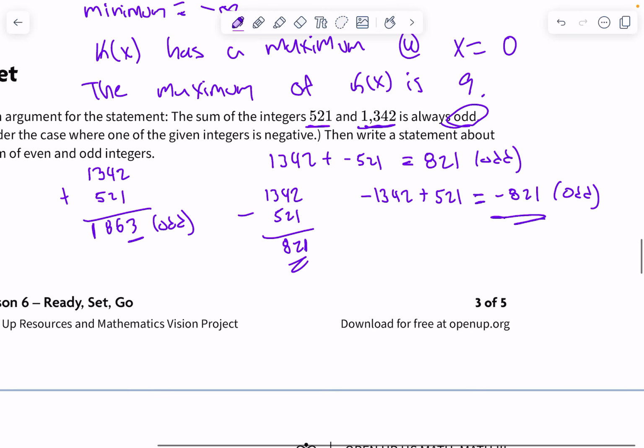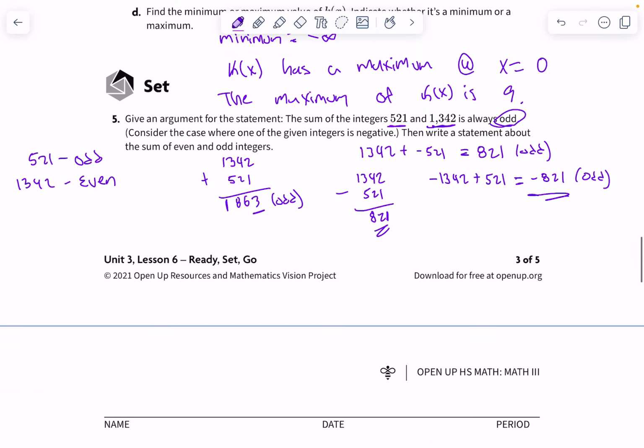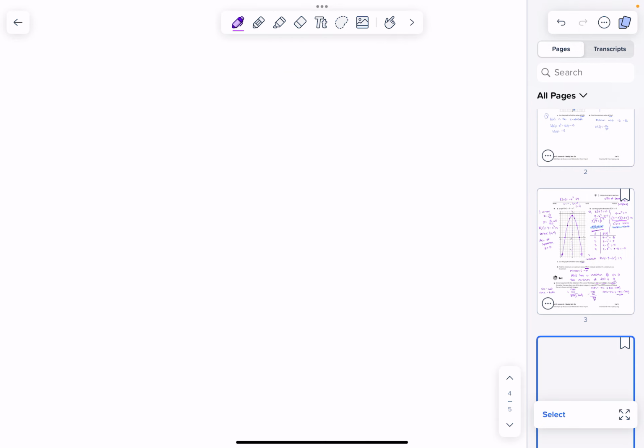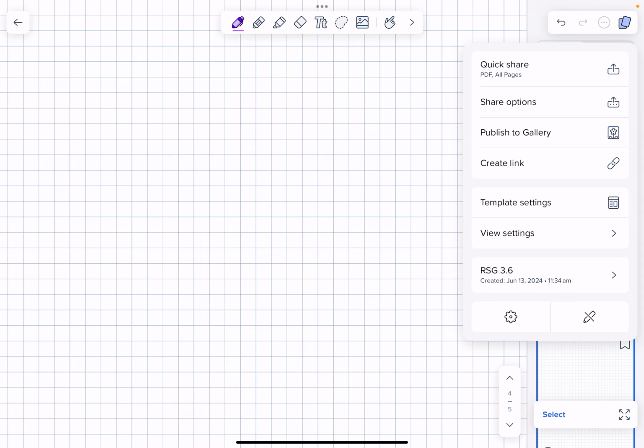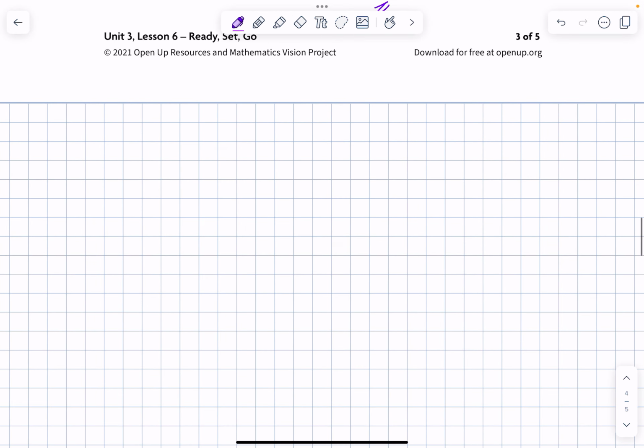So let's think about this on a smaller scale. If I have 2 plus 1, it's equal to what? 3. So this is an even, this is an odd, this is an odd. Now what if I have 2 plus 2 equals 4? This is even, even, even.